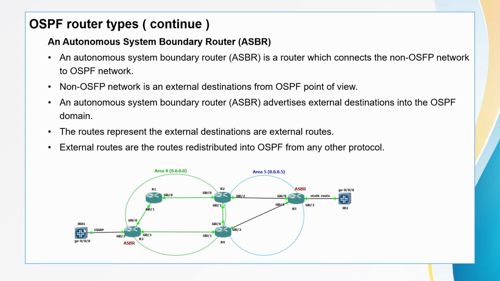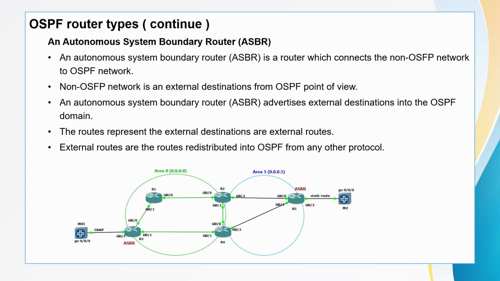Between R3 and the GR01 router, they run the EIGRP protocol, so it's not the OSPF protocol. Since R3 is connected to external protocols, R3 is an ASBR.